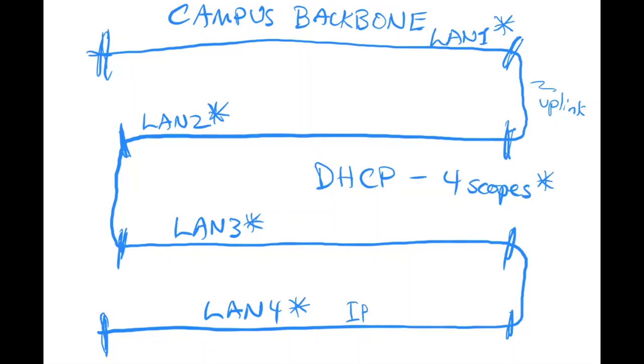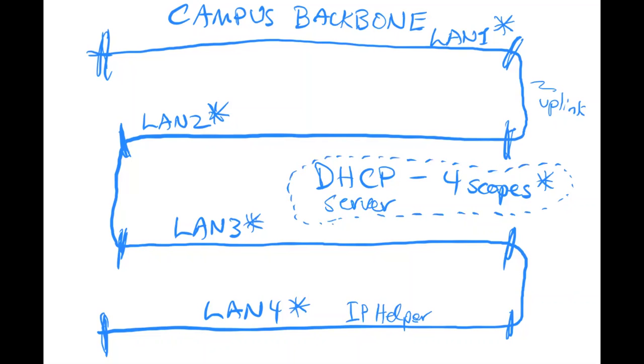So on a managed switch, your DHCP server could be on a separate network. We'll call it the server VLAN. And basically what you have is you've got a lot of muscle right here.